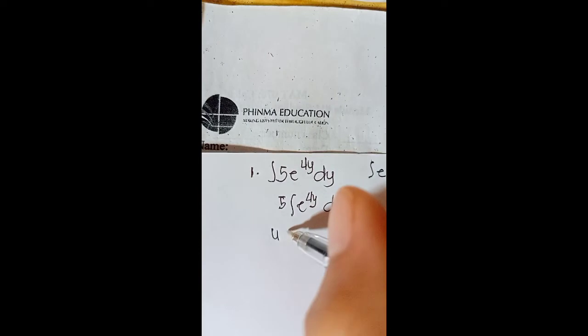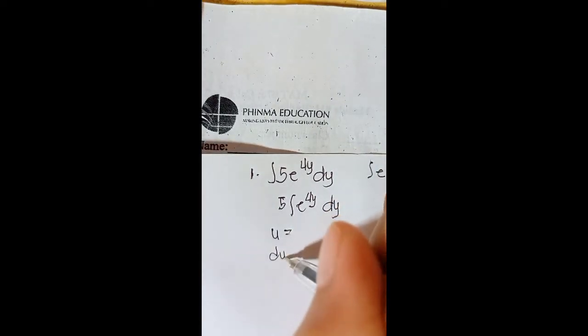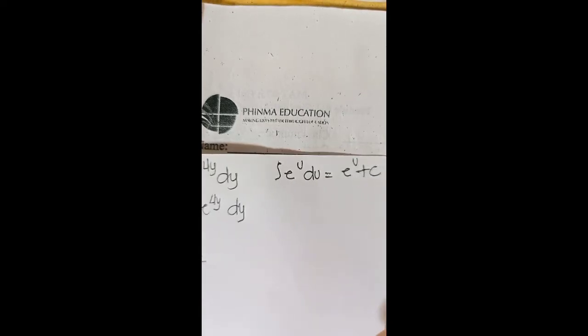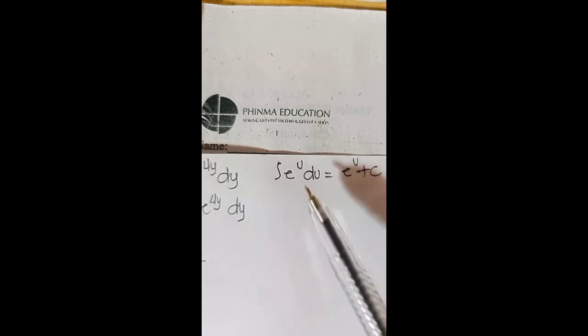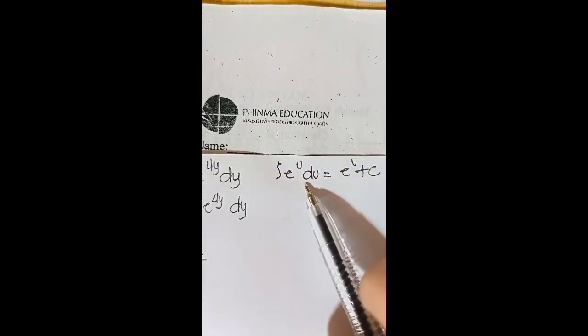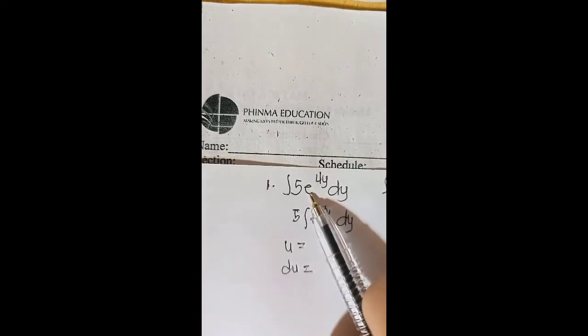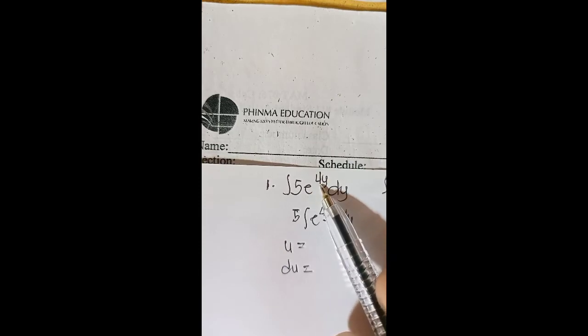Since the general form of the exponential function is the integral of e raised to u du equals e raised to u plus c, this is our e raised to u.